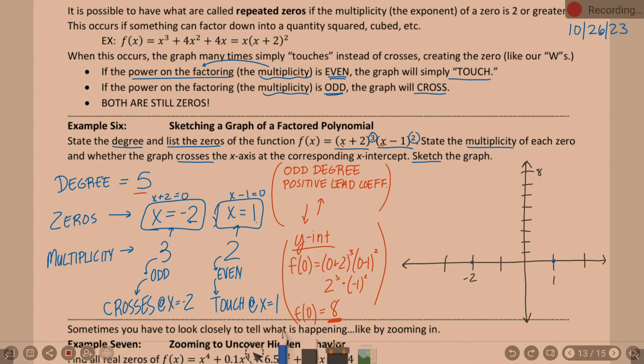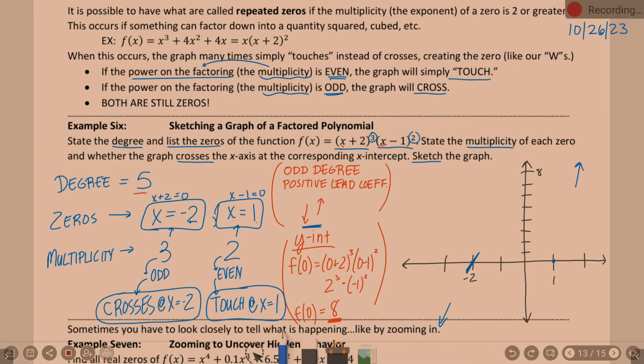My graph at negative 2, it's actually going to cross the x-axis, isn't it? Well, okay, hold on. Before we talk cross, what was my end behavior going to be? It's going to be going down over here and up over here. Yes, that's just my generic, like, okay, there's my brain thinking. My graph has to start down here, end over here. Now, it's going to cross at negative 2, so it's going to have this kind of movement at negative 2, yes? What's it going to do at 1? It's going to touch.